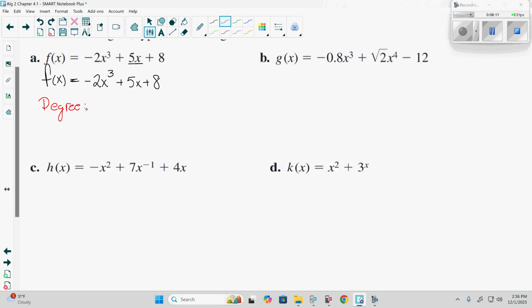What would the degree be? 3. Yeah. X to the third, because we look for the variable with the biggest exponent, whatever that exponent is, that's the degree. So the degree is 3. Now the type.